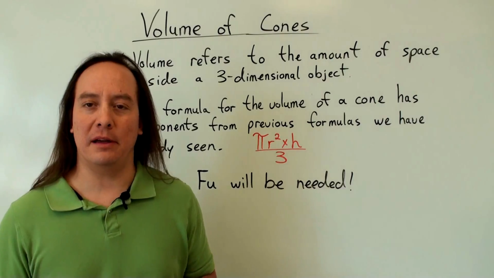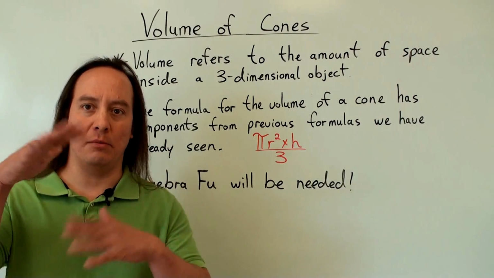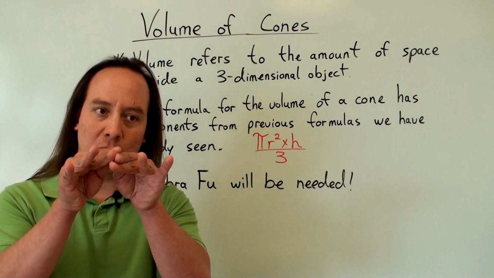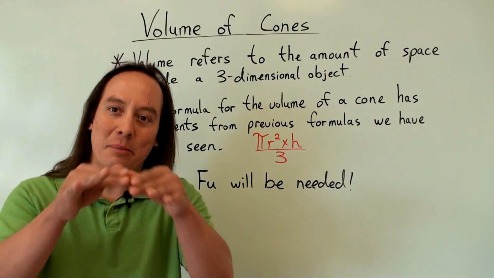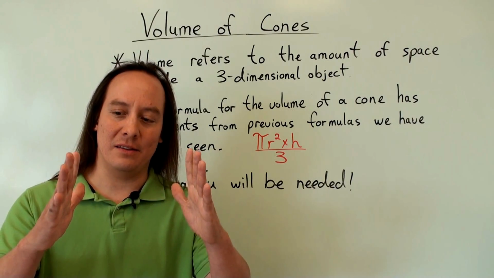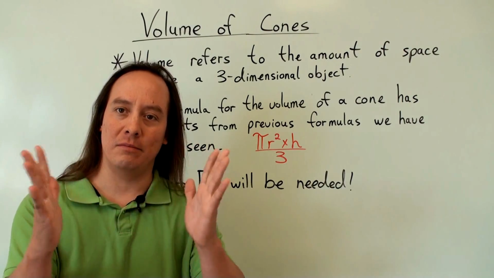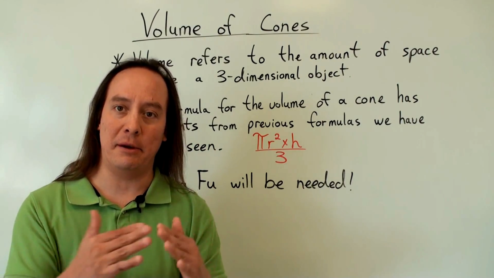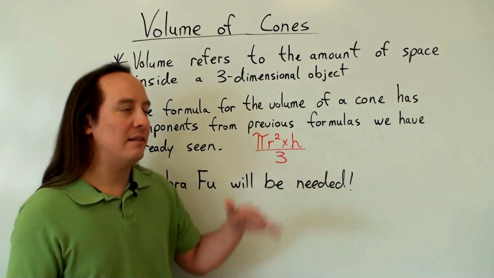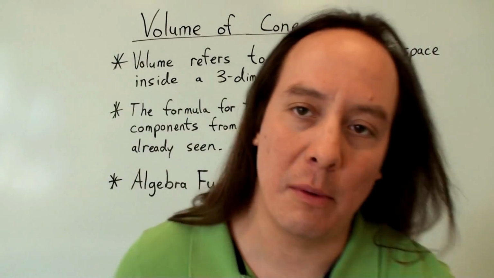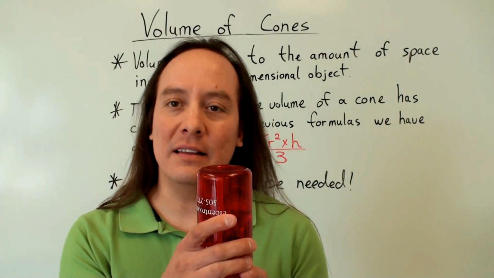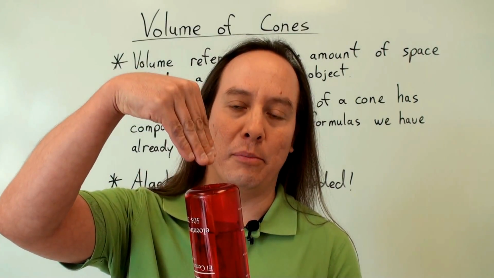And just like the pyramid, that was a three-dimensional box that got pinched into a point, right? It's like a cube, and those four sides come into a point, making a pyramid. This is a cylinder, using my water bottle again, that gets pinched into a point.